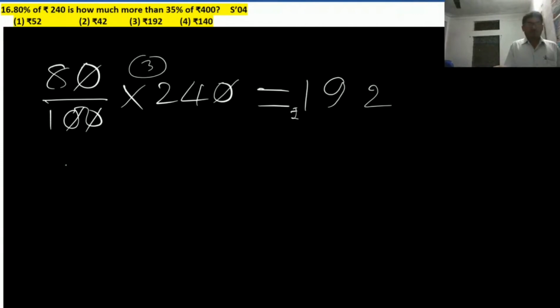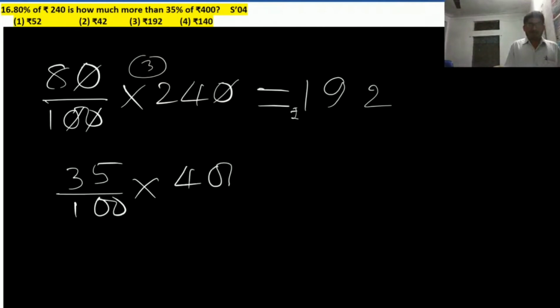Next, 35% of 400. 2 zeros, 2 zeros cancel. 4 5s are 20. 4 3s are 12, so 140.